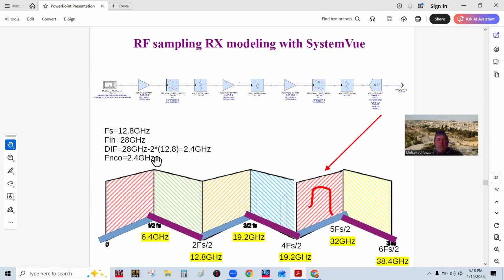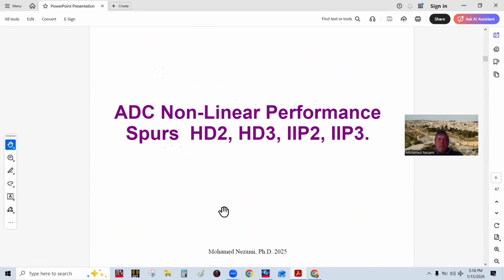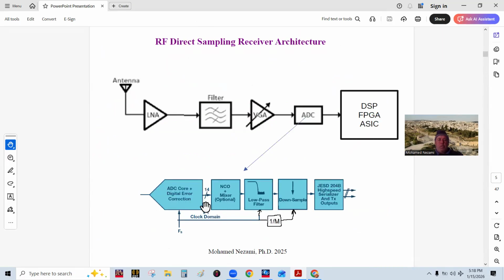So the digital IF would be this 28 minus twice the 12.8 gigasamples per second, which means by the time it gets to here, and this range is from 0 to 6.4 gigahertz, it's going to be centered at 2.4 gigahertz. And at that point, of course, the ADC itself has this functionality, which is here.